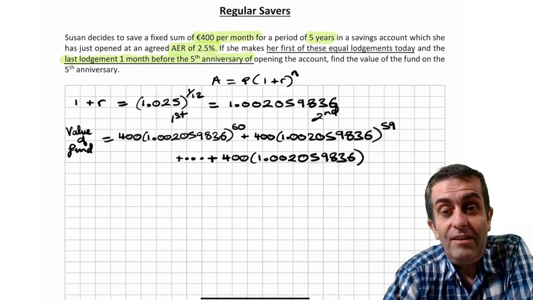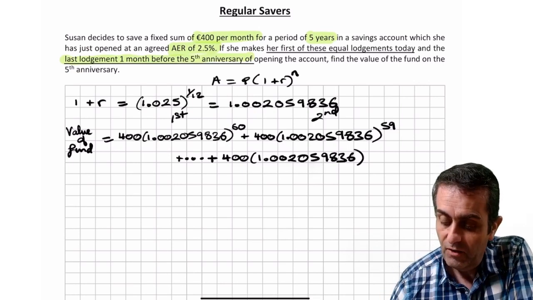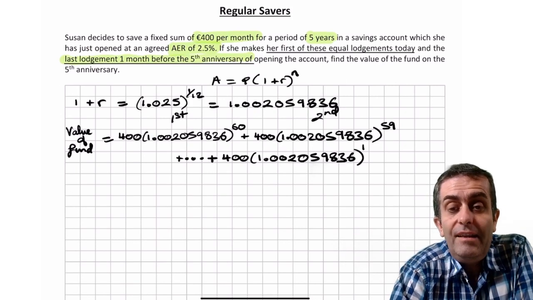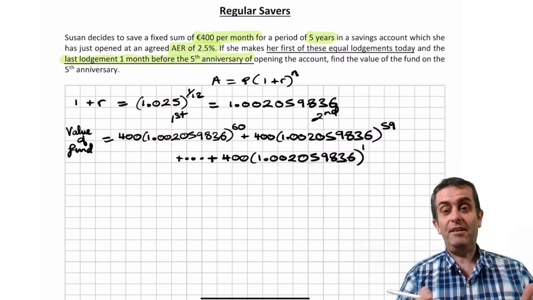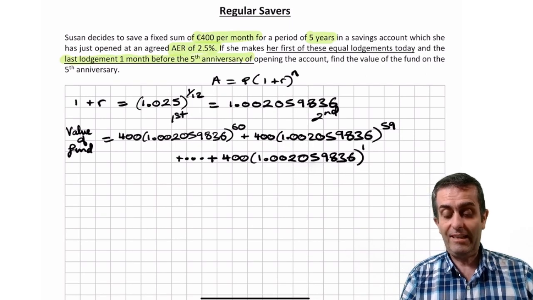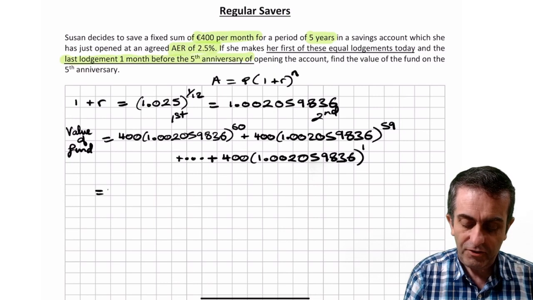So this lodgement is only going to have 1 month to earn interest, so it's to the power of 1. Now, the next line I'm going to take is simplifying this down as a geometric series and then finding the total value of the fund at the end. Initially I'm just going to take out that common €400.